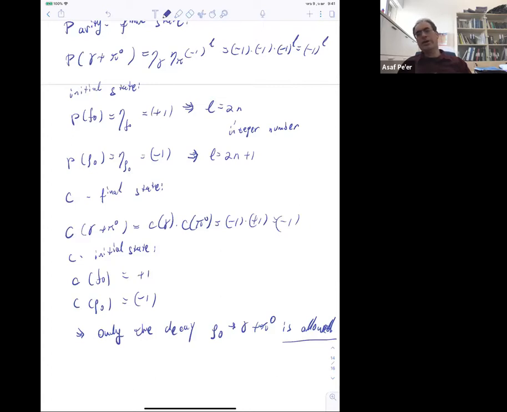But we can also think of a composite system, a state composed of a particle and its own antiparticle, and as a combined system this is also an eigenstate of C.